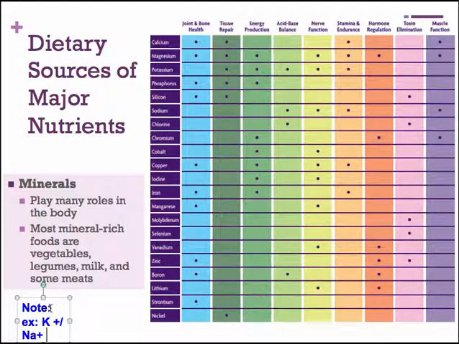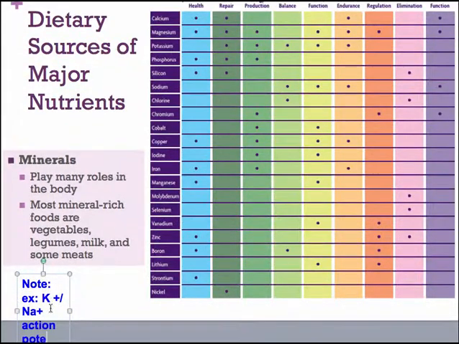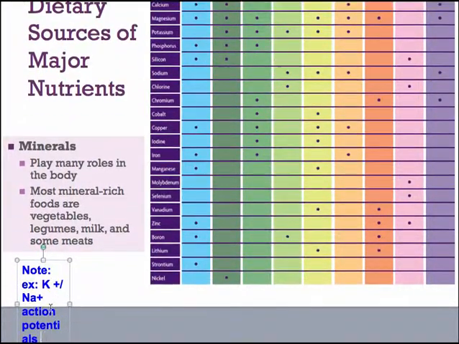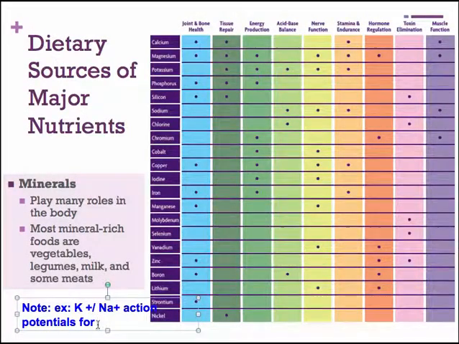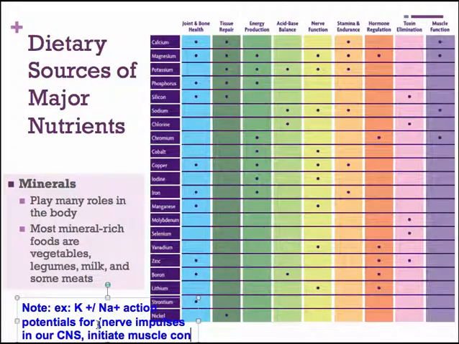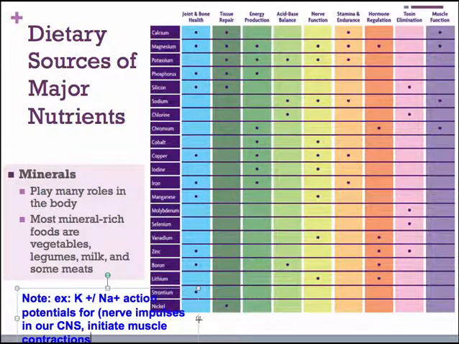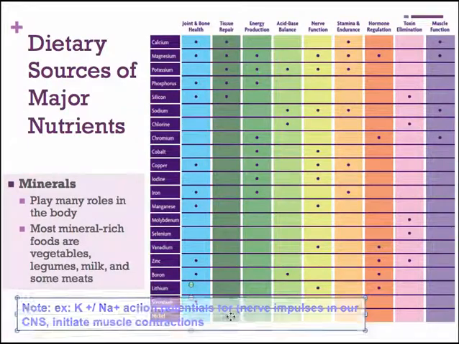These were needed for those action potentials, for two things, right? We needed action potentials for our nerve impulses in our central nervous system, and we also needed that to initiate those muscle contractions. Alright, so these are just a couple of reminders of where these are actually important.